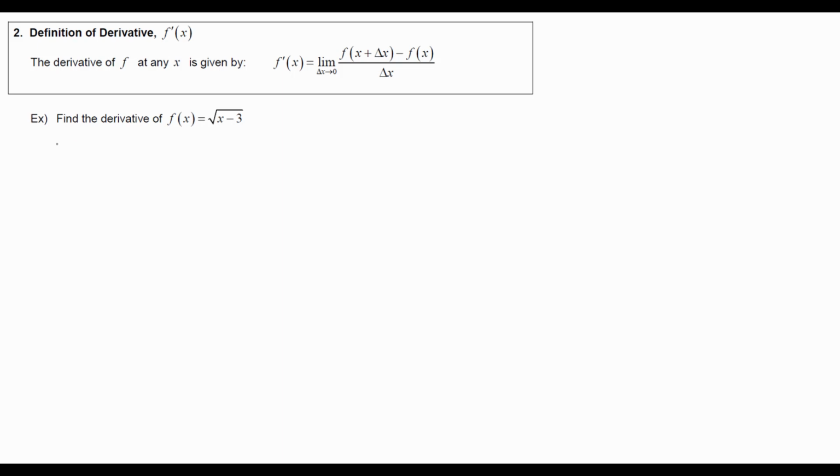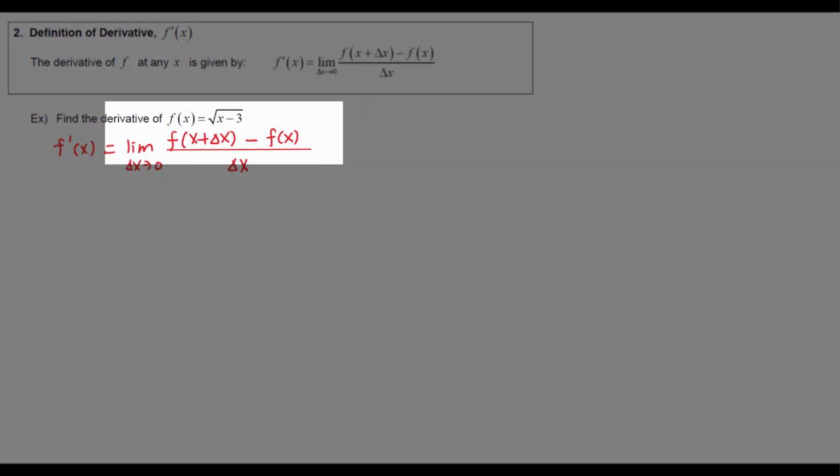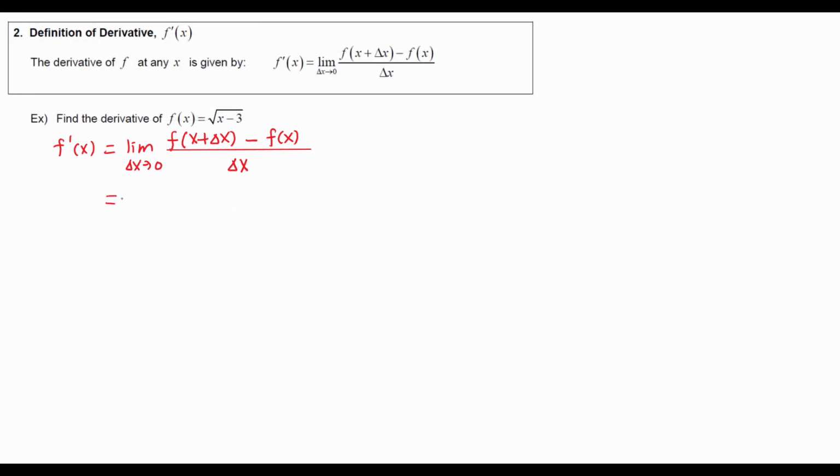My f prime of x is equal to the limit as delta x approaches 0 of f of quantity x plus delta x minus f of x over delta x. Always start by writing the definition so that you don't get confused.